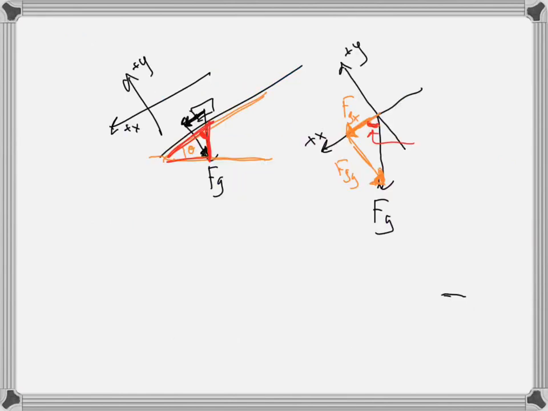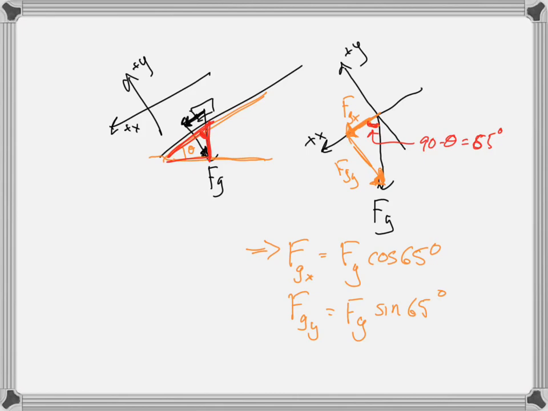So that is 90 minus theta, which is 55? 55, nope, 65. 65 degrees. The magnitudes of those two components are Fg cosine 65 degrees and Fg sine 65 degrees, where Fg, remember, is just mg, and m is given, g is 9.8 meters per second squared. So those are the components.